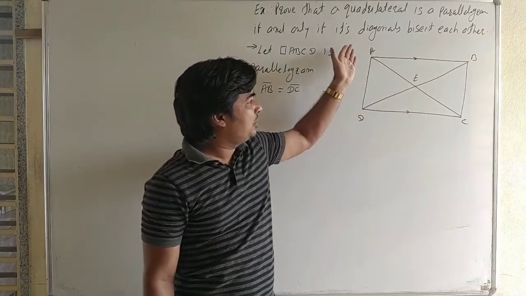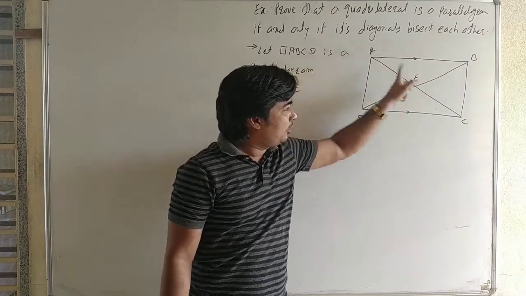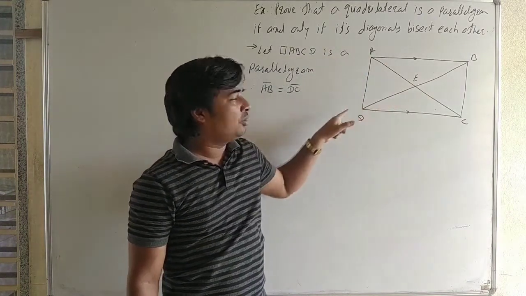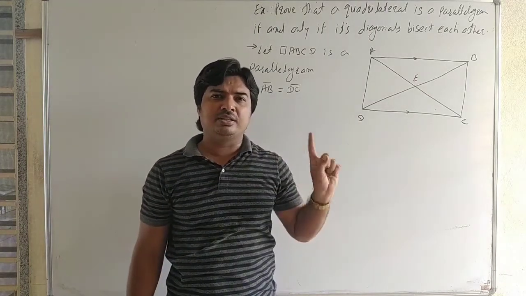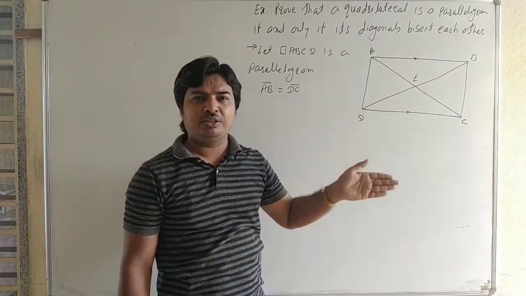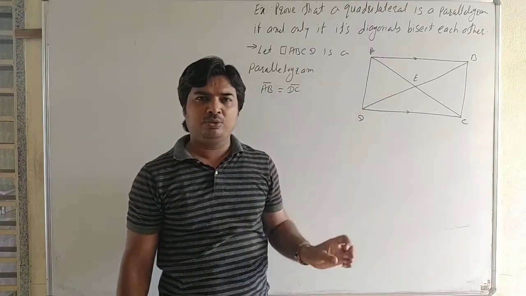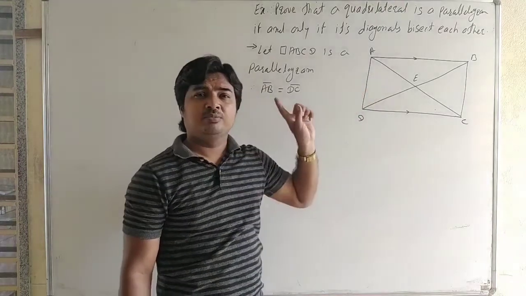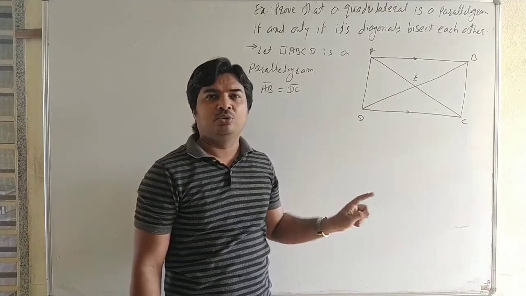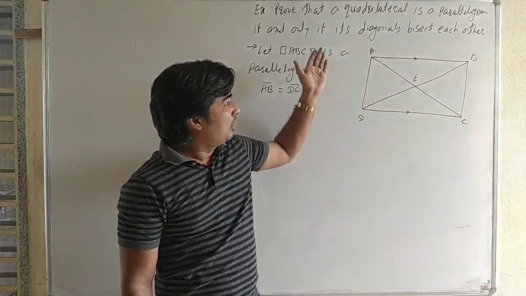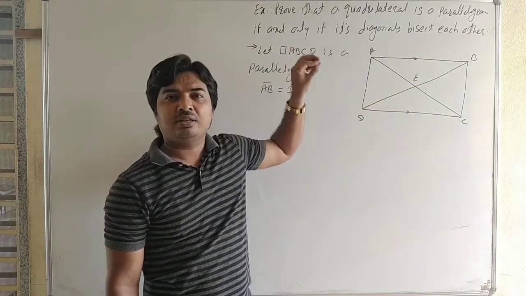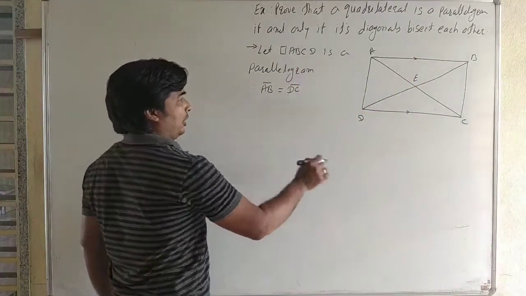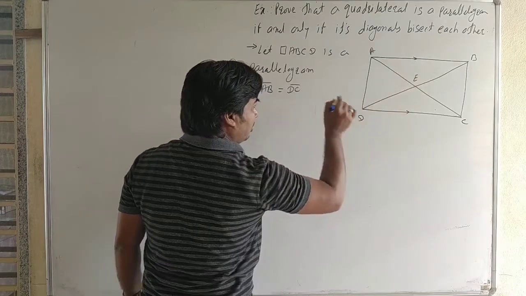Diagonals bisect each other means E is the midpoint of AC and E is the midpoint of BD. That means the midpoint of AC and BD is the same. Therefore the midpoint of AC is (A bar plus C bar) upon 2, and the midpoint of BD is (B bar plus D bar) upon 2. We have to prove the midpoint of AC and the midpoint of BD are the same.